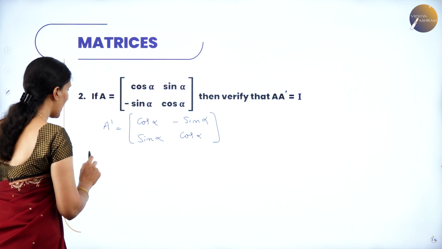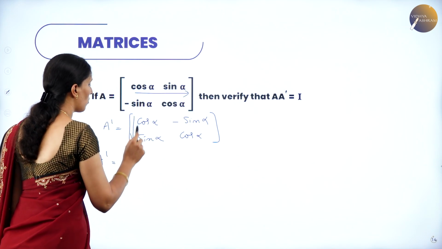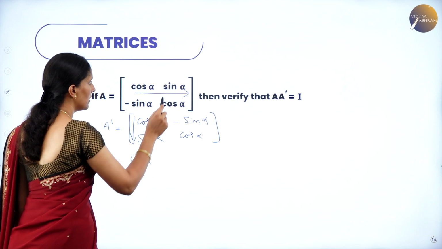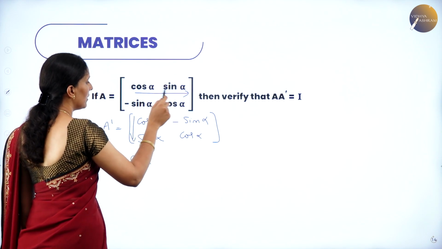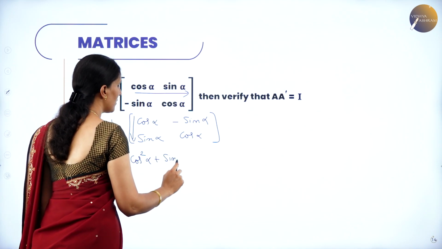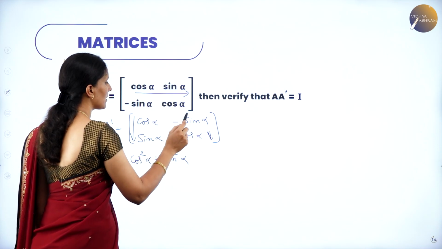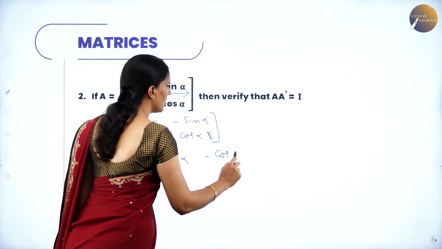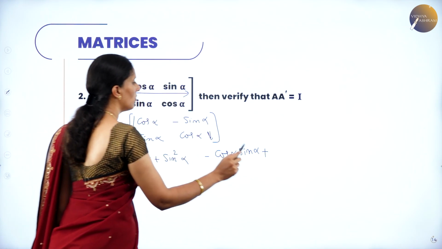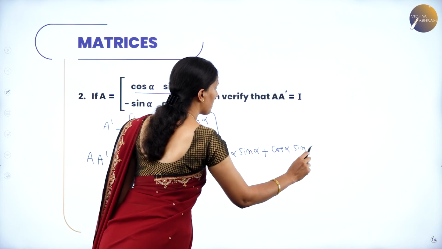Let's multiply A and A transpose. First row into first column: cos alpha into cos alpha, cos square alpha, plus sin alpha into sin alpha, sin square alpha. Next, first row into second column: cos into minus sin, we get minus cos alpha sin alpha, plus sin into cos, that is cos alpha sin alpha.